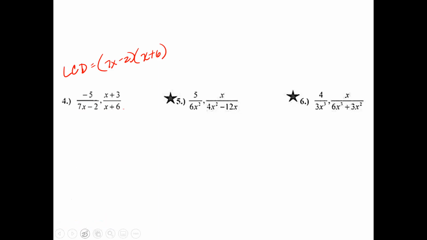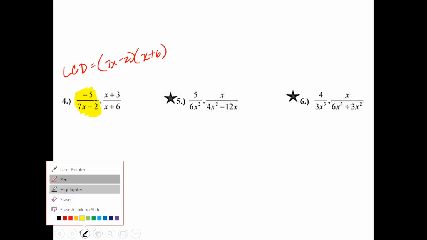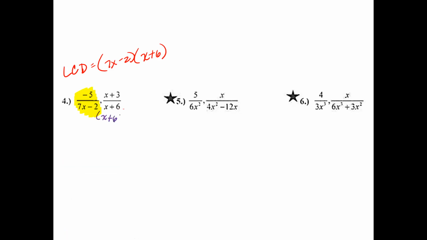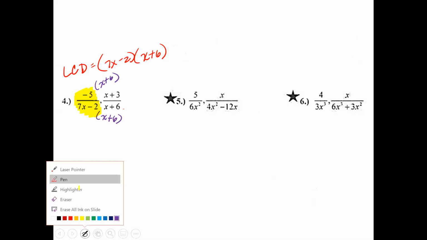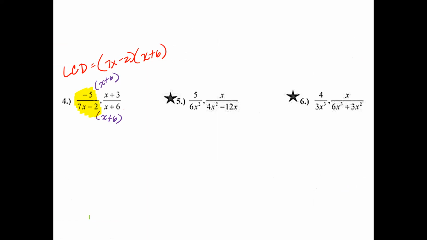So you look at the first one, which is right here in yellow, and ask what is that one missing? That one has 7x minus 2, but it doesn't have the x plus 6. So I have to multiply x plus 6 top and bottom to that first fraction. And then I look at the second fraction. Look at the denominator.